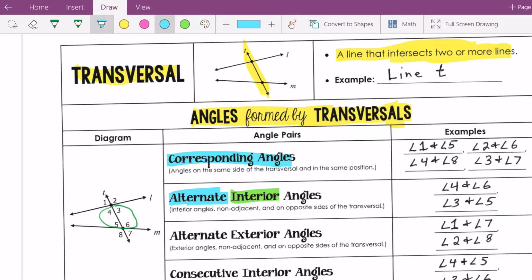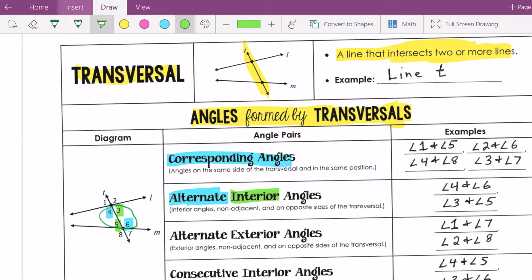Alternate means different, or just a different way of looking at it. So what alternate tells us is we're going to have different sides. So alternate interior angles are angles on the inside of the 2 lines being intersected, but on opposite sides of the transversal. For example, 4 and 6, or 3 and 5. They're on the inside but opposite sides of that transversal.